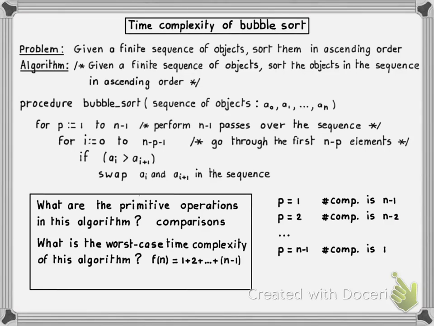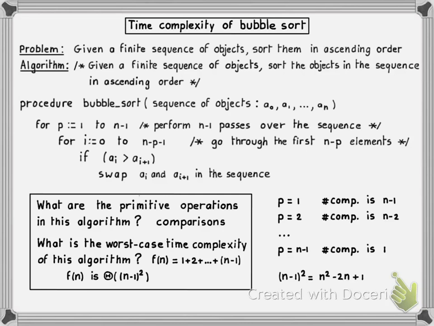Now this expression for f of n is a little bit complicated, but fortunately we saw it before. This is nothing but the sum of the first n minus 1 integers starting at 1. And we know from a previous theorem that this sum is big theta of n minus 1 squared. So therefore f of n is big theta of this expression, which still looks a little bit complicated, so let's rewrite it.